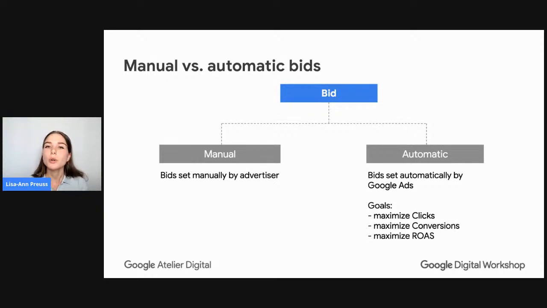This is where you can tell Google Ads to simply bid for you based on certain goals that you may have. And those goals can be totally different. You can say that you want to maximize your clicks, or you want to maximize the number of conversions, or even you want to maximize your return on advertising spend.